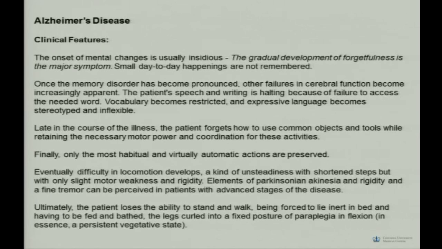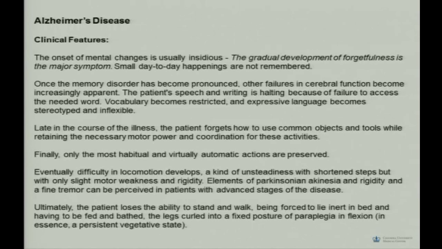So Alzheimer's disease. Alzheimer's disease is a dementia syndrome that involves progressive degeneration of the cerebral cortex, and eventually can involve the brainstem as well. It's a brain atrophying disorder.